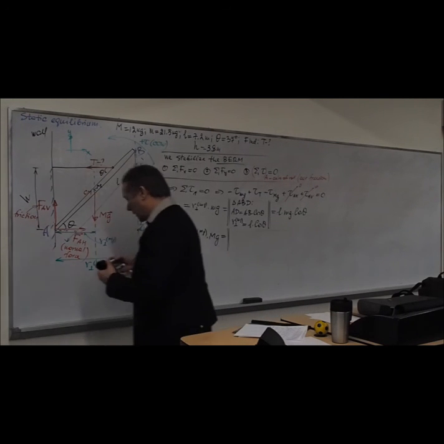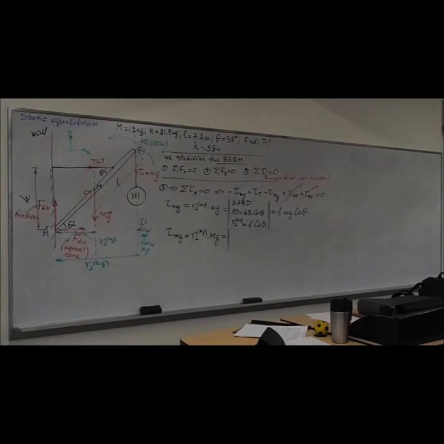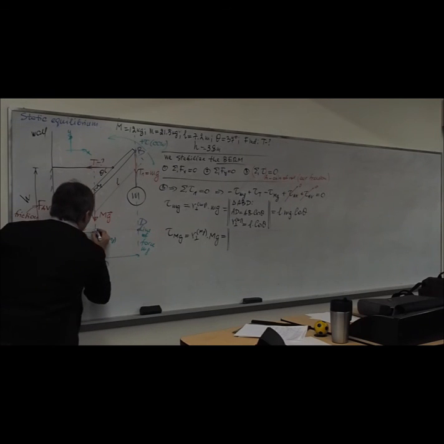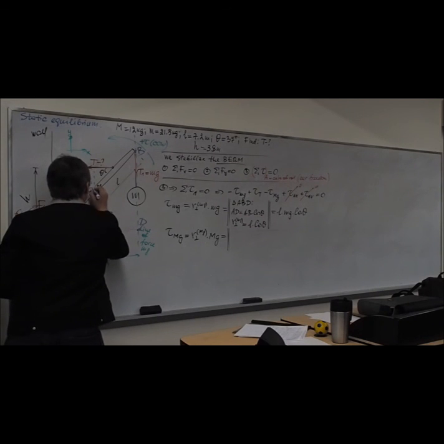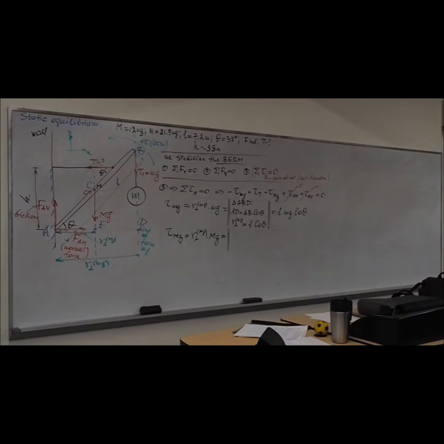And I need another point. Let me introduce this point as point A, B, C, D, E. Point E, let's say. Now we have to look at this triangle, and I need another point. Let me label this C, center of mass. So A, C, E.